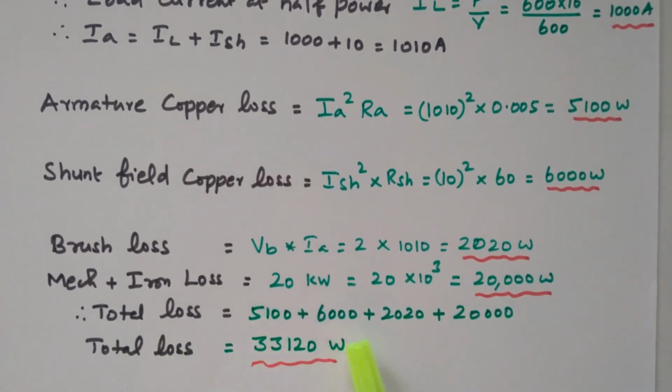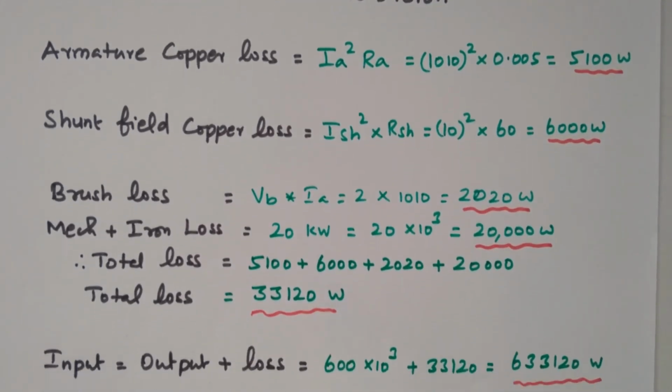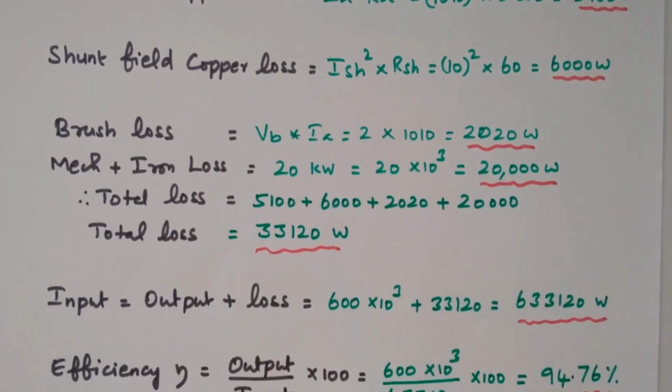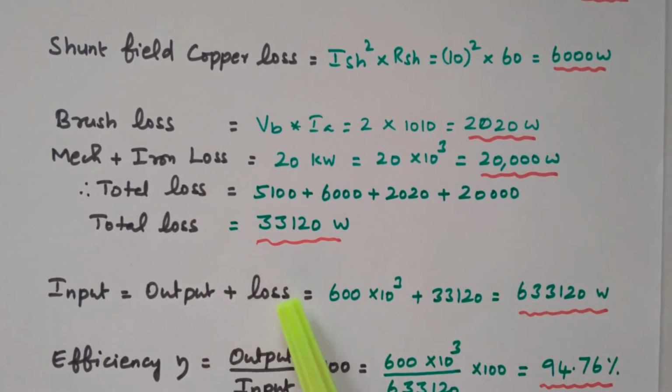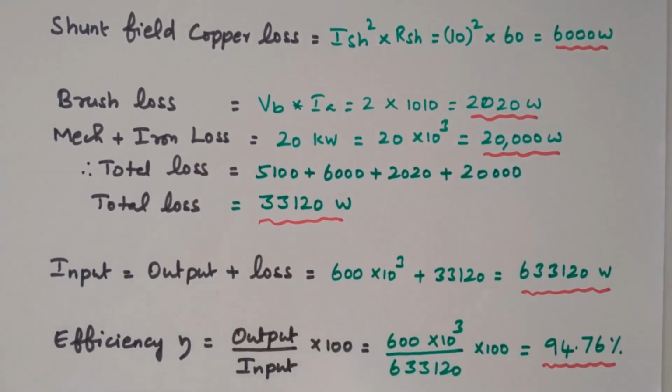Now we can add all this so that we can calculate the total loss. Armature copper loss, shunt field copper loss, brush loss and mechanical and iron loss. By adding we got 33,120 watts. Now the total loss is calculated. The output power is already available. So by adding the output power and loss, we are able to find the input, because input is converted into output and some losses.